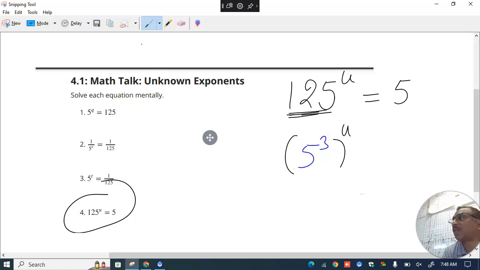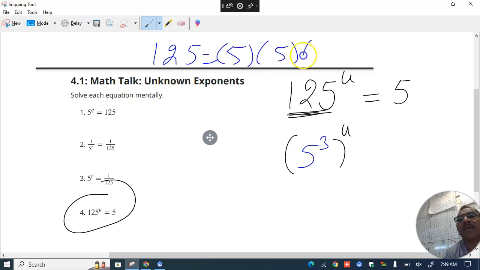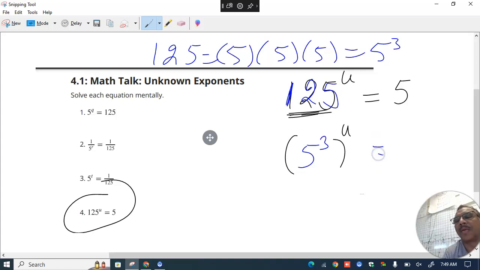Instead of 125, so 125 is 5 times 5 times 5, which is 5 cubed. So you just replace this 125 as 5 cubed, and this equals 5 raised to 1.